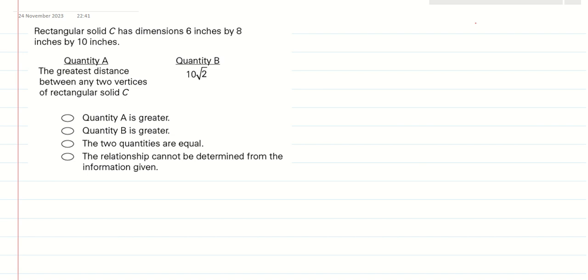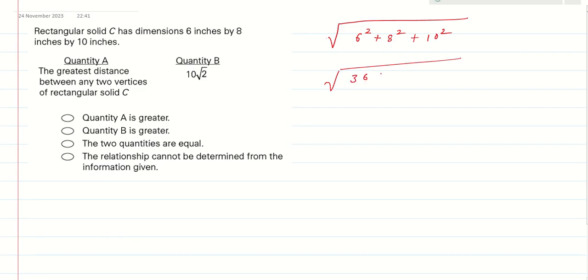The greatest distance between any two vertices. This is the formula, under root. Correct. So how much will we get? 36, 64, 100. Correct, no?